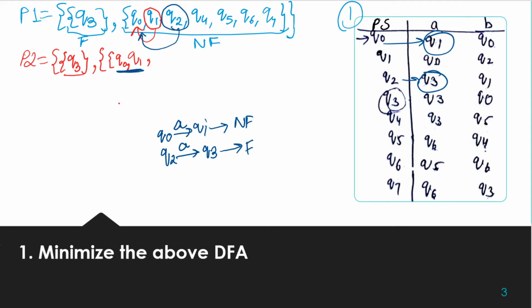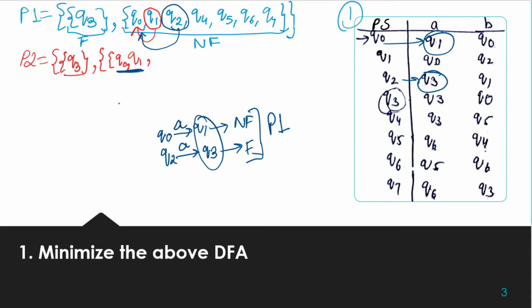As the resultant states are part of different groups in the previous partition, we can say that these two states are not compatible for input symbol A. So we need not check for input symbol B, because if the check fails for even one of the input symbols, we need not consider other input symbols for the similarity check.